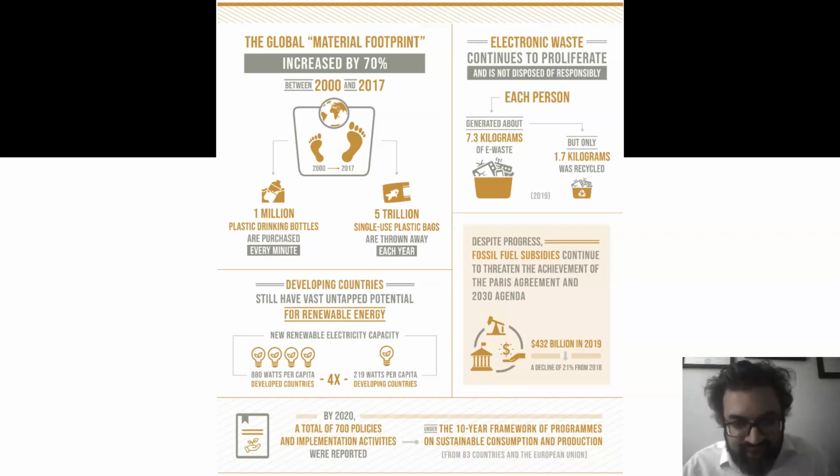By 2020, a total of 700 policies and implementation activities were reported, which is great.